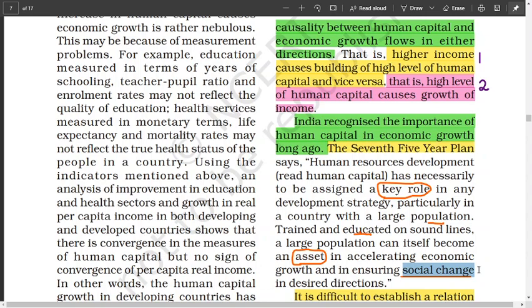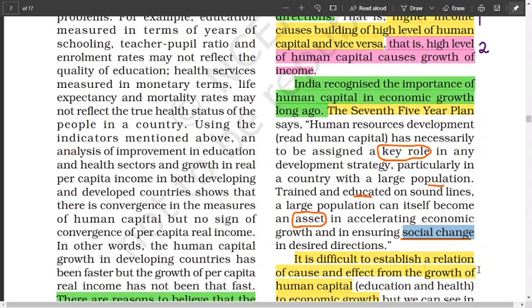So that's the importance of human capital to economic development. India sees that importance. We have huge population, we should take it as a potential. So if we make use of them properly, it will bring about a very high growth rate in the economy.